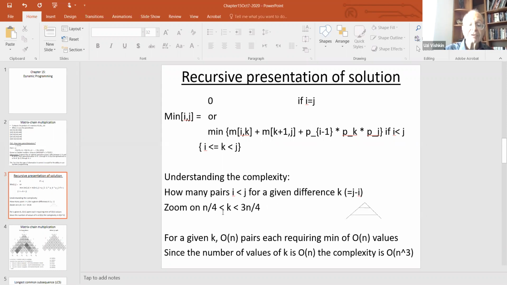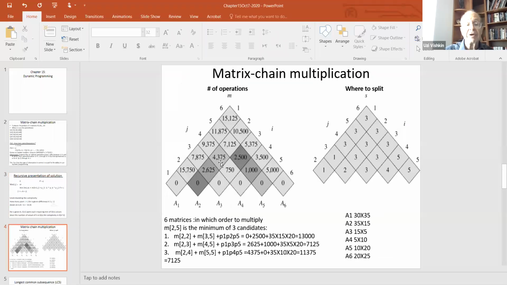If you let your imagination go and imagine that n is really big, not 6 but a huge number, then I remove the top quarter and the bottom quarter, and I remain with half of the rows in the middle. The value of that will become clear soon.